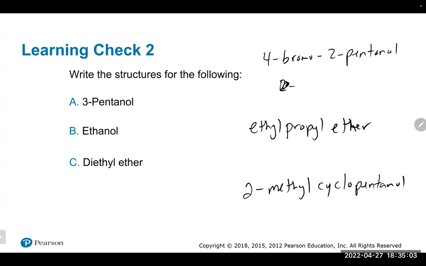All right, so structures on the right and structures on the left as well.